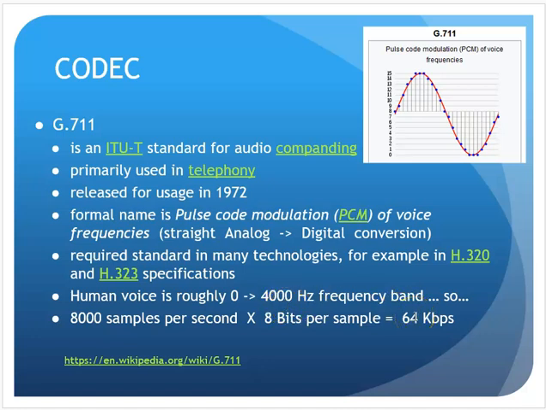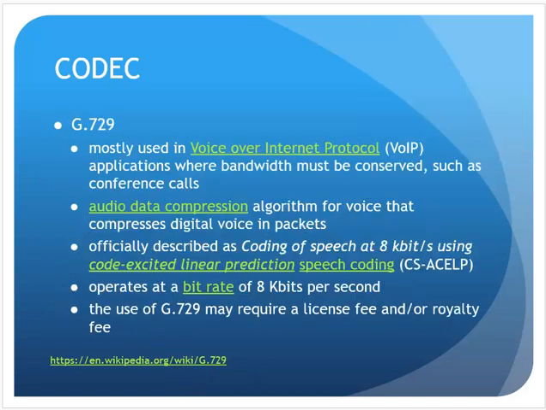Your original phone line was a 64K bandwidth, if you will. Back in the days of dial-up modems that were using 28.8, that's a significant bandwidth. Your phone line was 64K. Your G711 is using just straight pulse code modulation, so it's a 64K signal, which by today's standards is not much of anything.